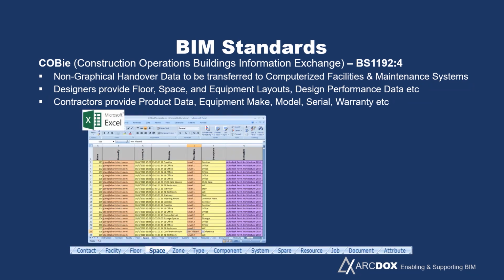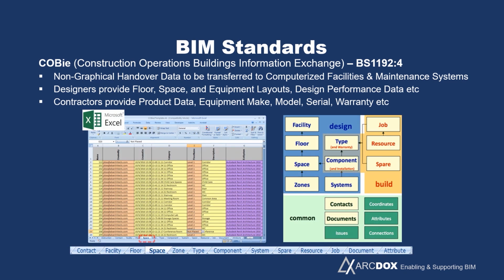So the way it's delivered and presented is through an XML format, which is like an Excel spreadsheet, which effectively is a series of worksheets which are lists. So it's not that complicated.